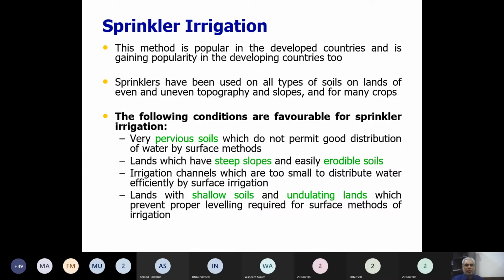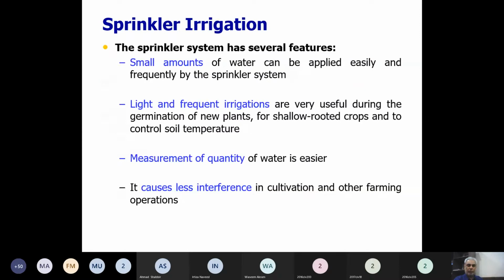If we have an area where the good soil layer is very shallow, of small thickness, and I level that ground, that small thickness of soil layer will also be removed. So if that is the condition, we cannot go for leveling that ground. Then, without leveling that ground, you can supply water through sprinklers. How does this sprinkler work? I will show it to you.